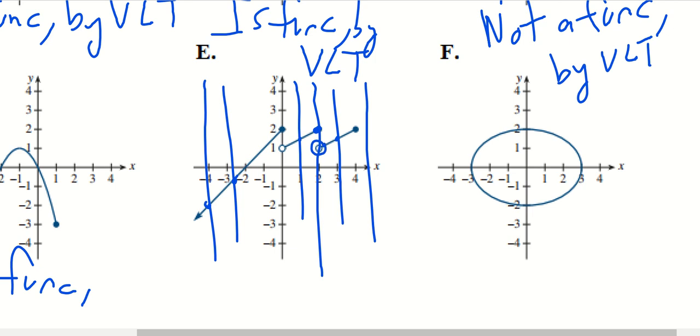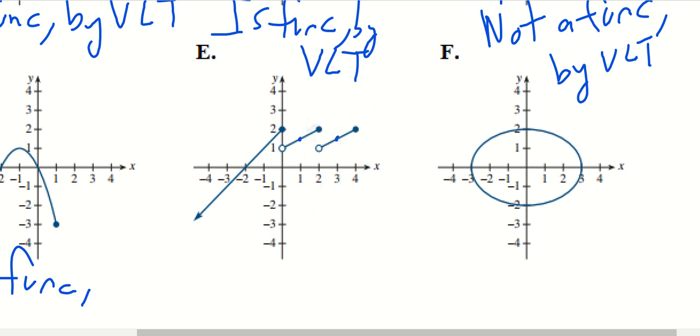So that's not a point on the graph, which means that portion of the line is not intersecting the graph at that place. So it turns out that this graph in E is also going to be a function by the vertical line test. So this one in E is a function. And again, the rationale is by the vertical line test, by the VLT.